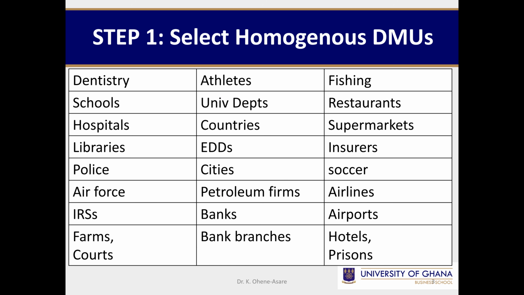Well, the first thing you want to do is to select homogeneous DMUs. Now, DMUs mean decision-making units. The decision-making units are those individual firms or parts of firms or branches of firms or units of firms or departments of organizations.